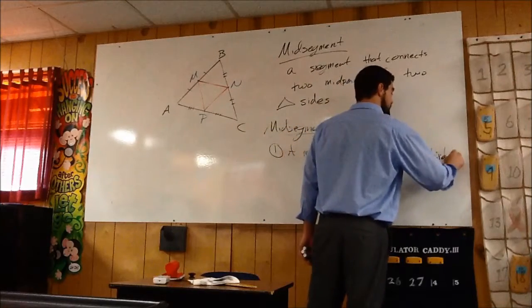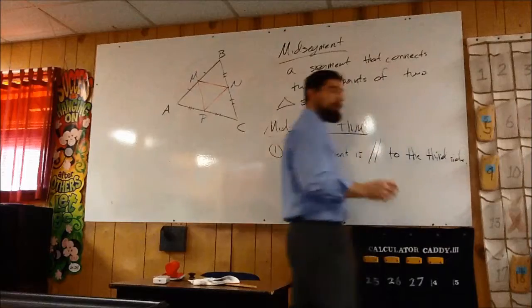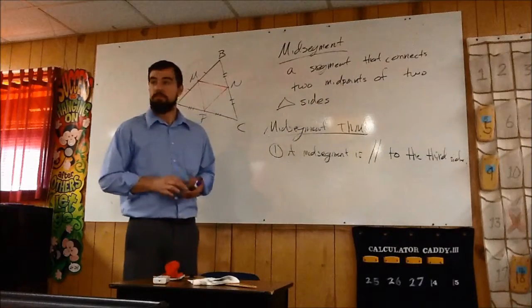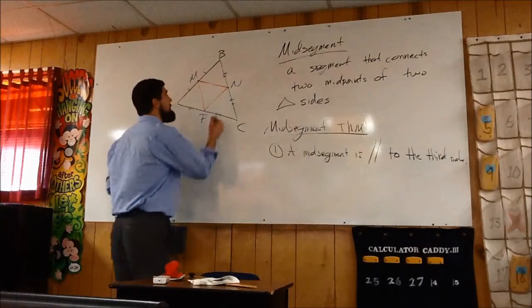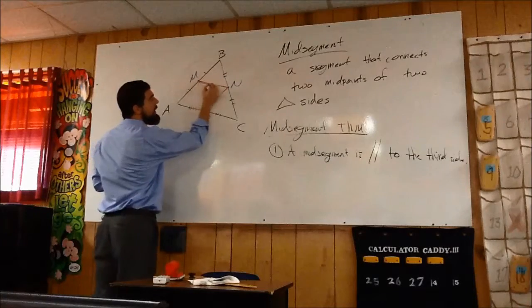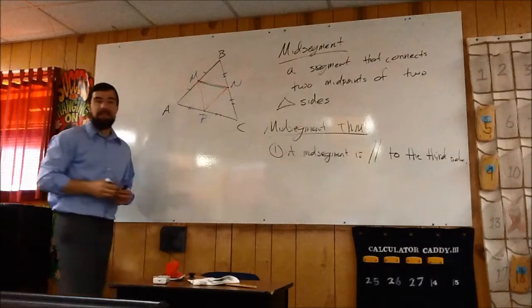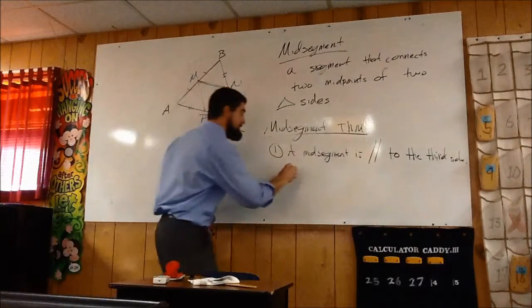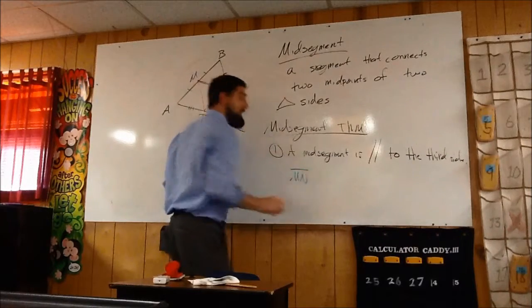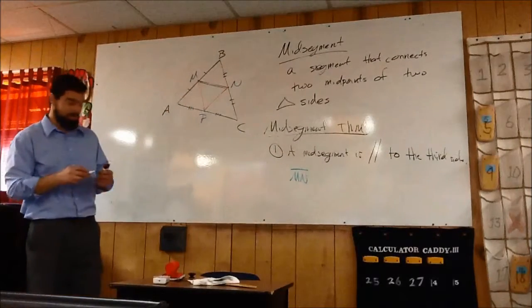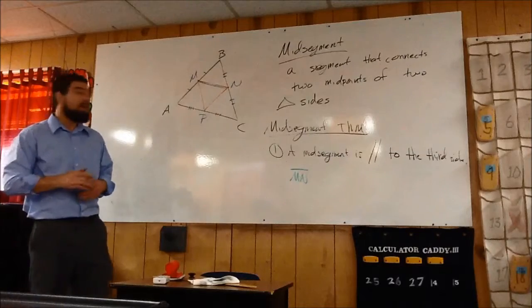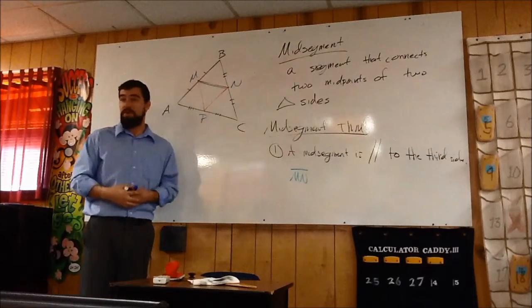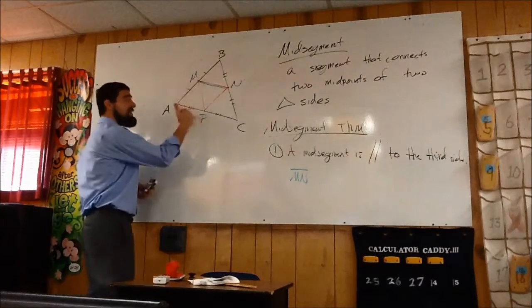Now, what do I mean by third side? Well, let's isolate one of these midsegments. In green ink, I'm going to outline that midsegment, segment MN. This is a midsegment. The third side they're referring to is the side whose midpoint it's not connecting.